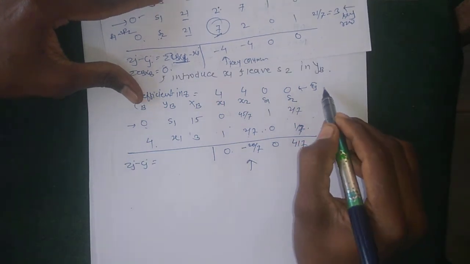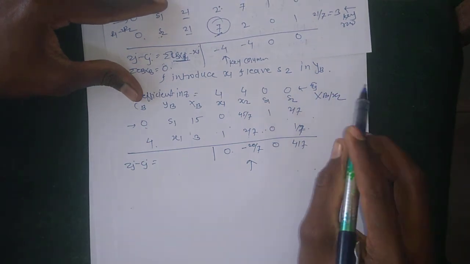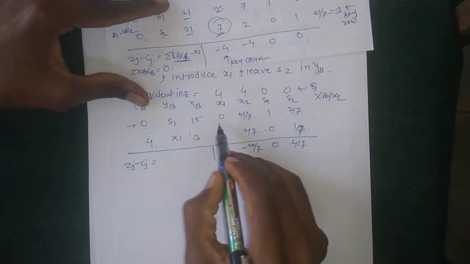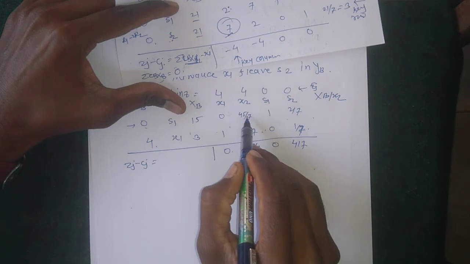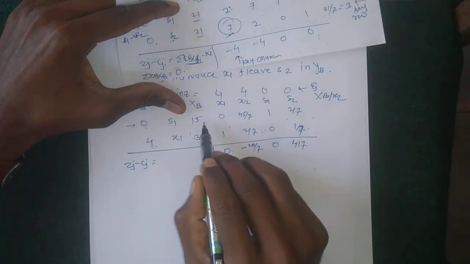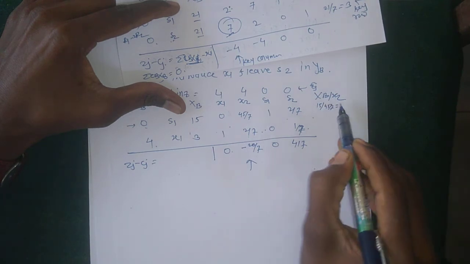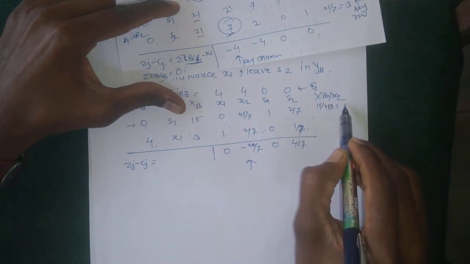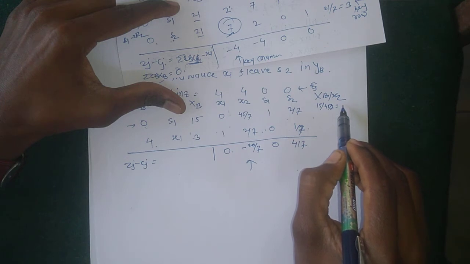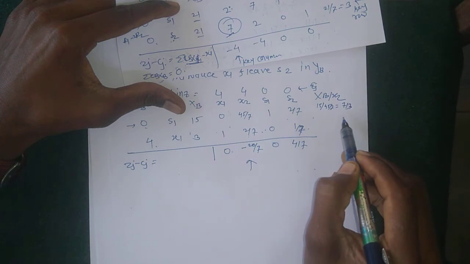So then find the ratios. Ratios is XB divided by x2. XB divided by x2 we get 15 divided by 45 by 7. Okay, 15 divided by 45 by 7 we get 7 by 3 answer.